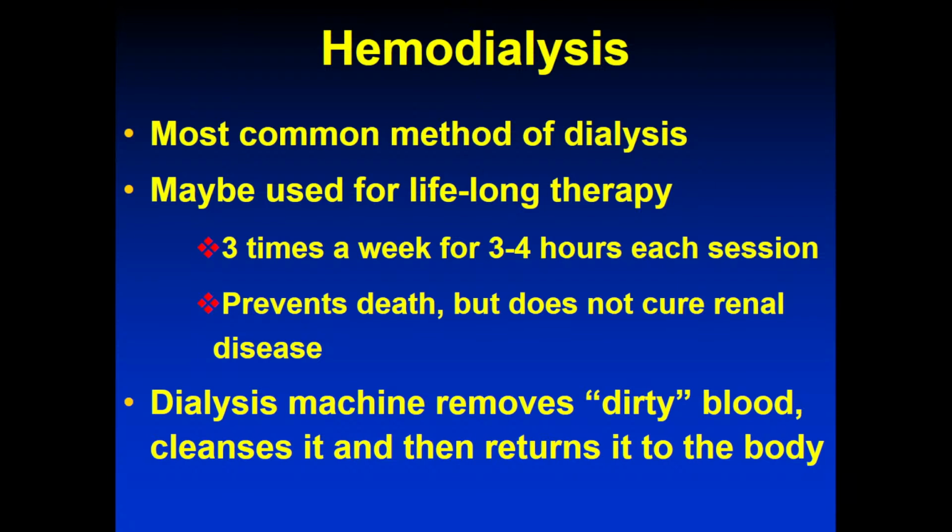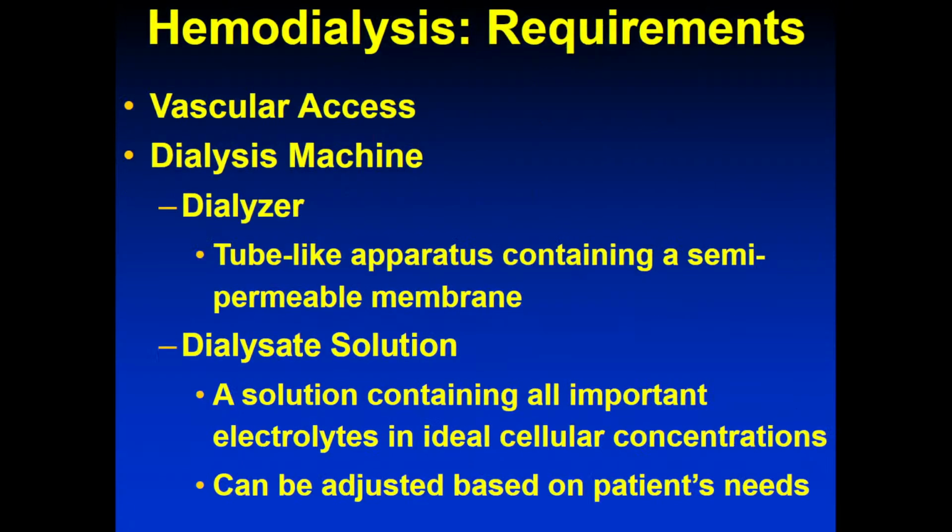Hemodialysis. It is the most common method of dialysis. May be used for lifelong therapy, usually 3 times a week for 3 to 4 hours each session. It prevents death but does not cure renal disease. In general, the dialysis machine removes so-called dirty blood, cleanses it, and then returns it to the body. We have to provide the vascular access.